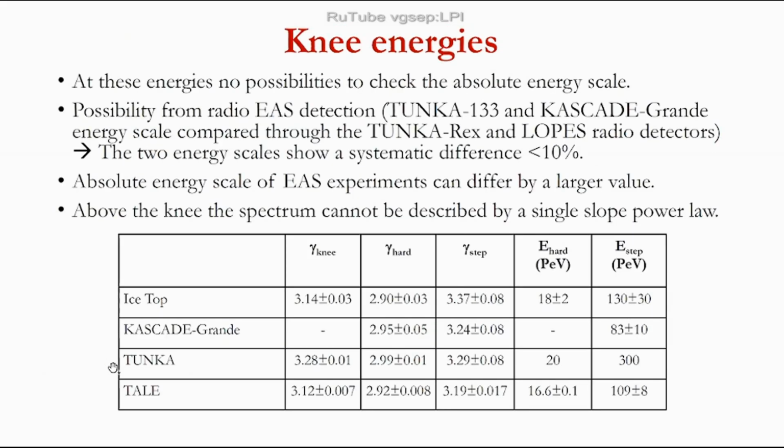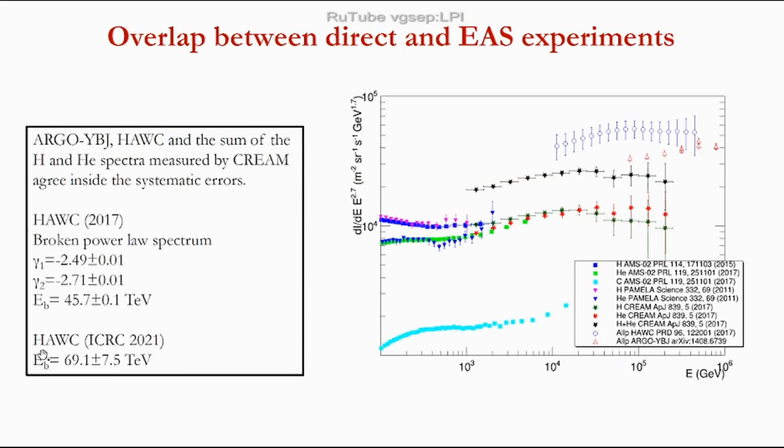So no matter exactly where this break is located, from the Oak collaboration we have the indication of a break in the power law spectrum, a change of slope from 2.5 to 2.7, around 50, 60 TeV, okay?